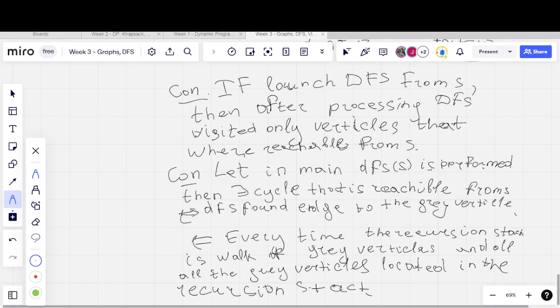What does this mean? When we go down through our recursion, all the vertices are gray, and all the gray vertices are located in the recursion stack.